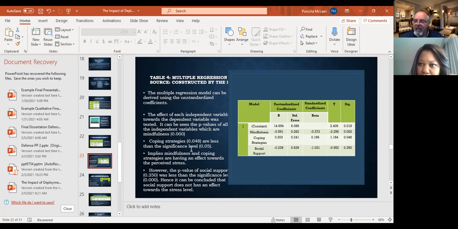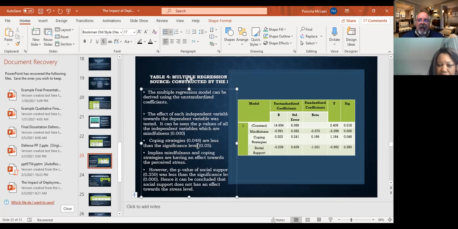Coping strategies is significant because it's less than 0.05, but social support is not related to the DV. Should I say the critical value? Yeah, change significance level to critical alpha. Good.